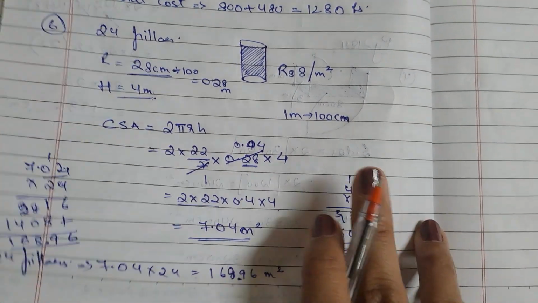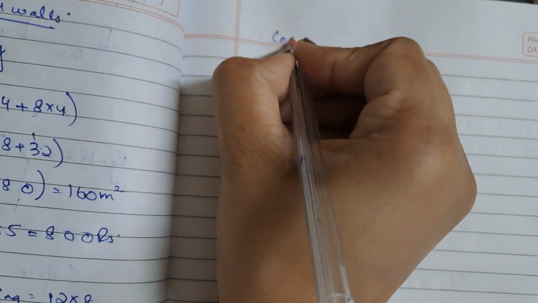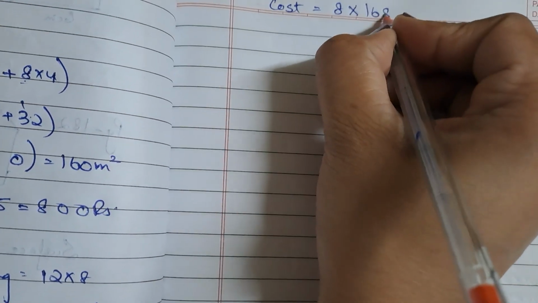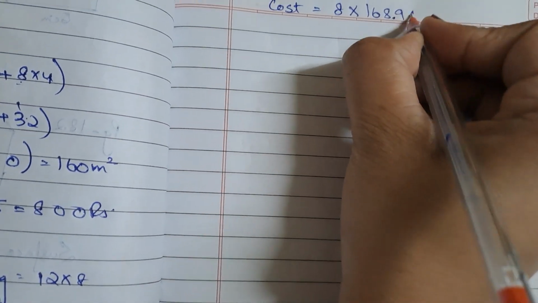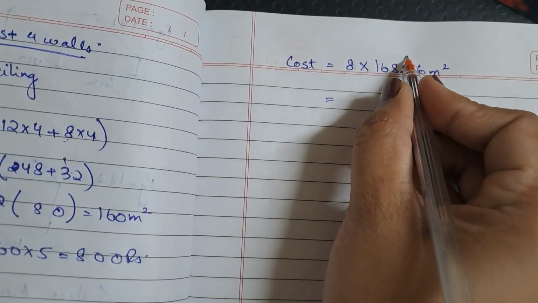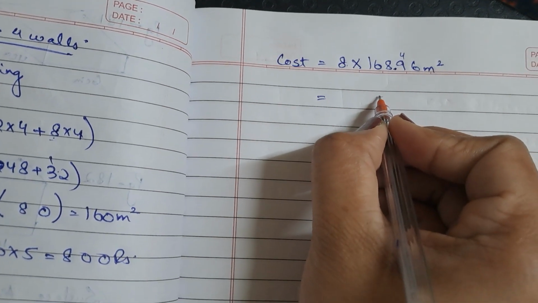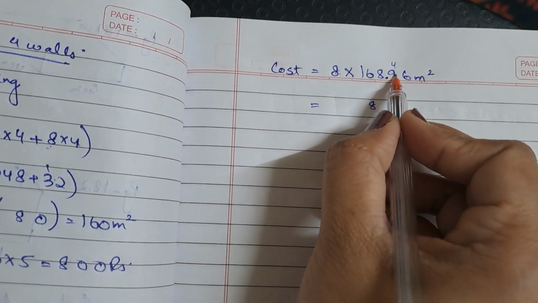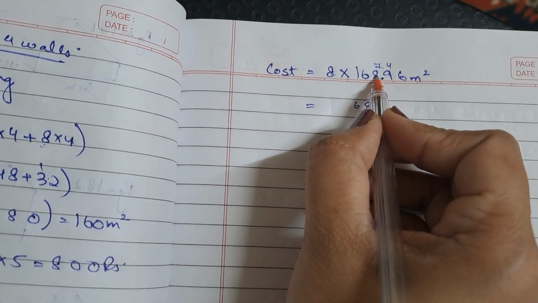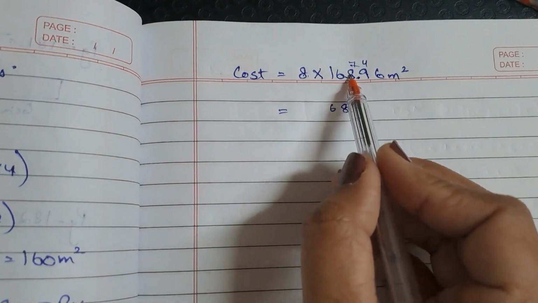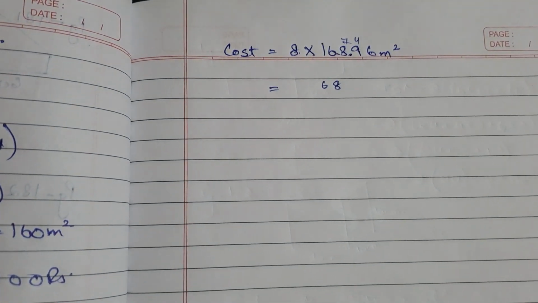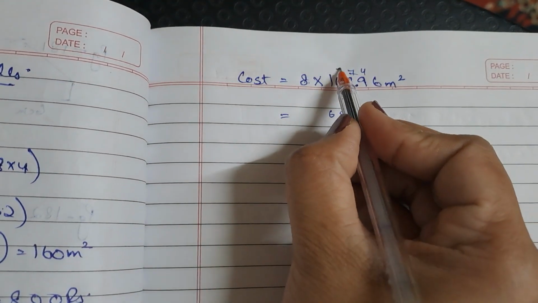But what is the cost? We still didn't find the cost. Let's find the cost. The cost is 8 rupees for 168.96 meters square. So times 8 when I'm doing it, this becomes 48. Then 72, 76, 6 sixes are 56. Okay, this is not 6 times 6, actually my bad, it is 8 times 8, 64. 64 plus 7 is 71, so we'll write 71.